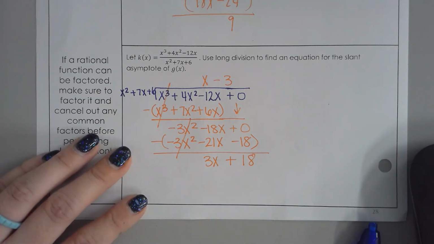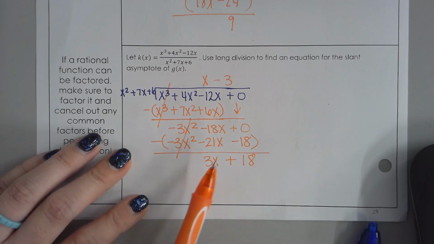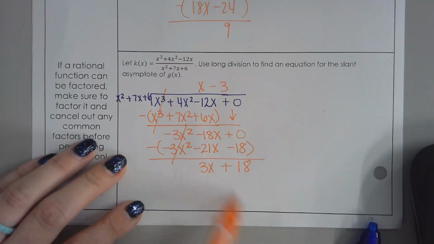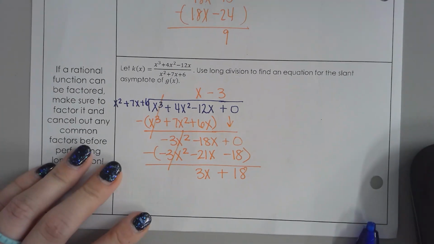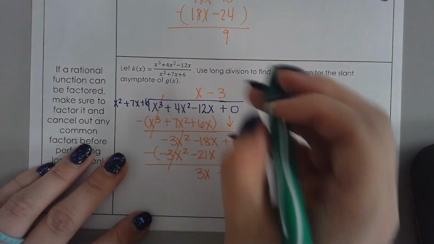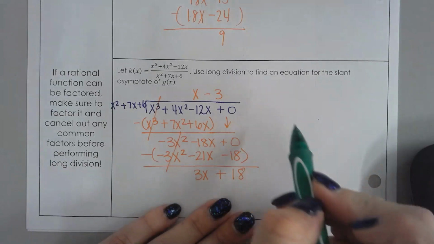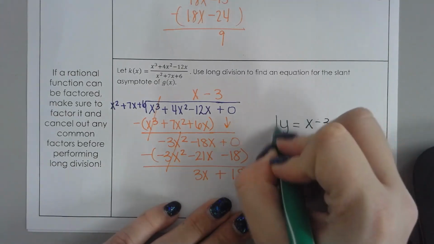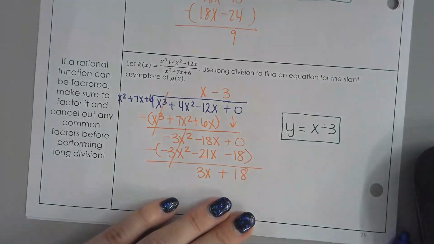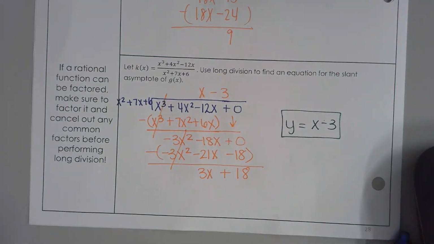And we get 3x plus 18. There's nothing else to bring down. So that whole 3x plus 18 would be your remainder. Okay. And then my slant asymptote is y equals x minus 3. You could have factored out first and you would have just had fewer numbers to work with. That would be the only difference there.